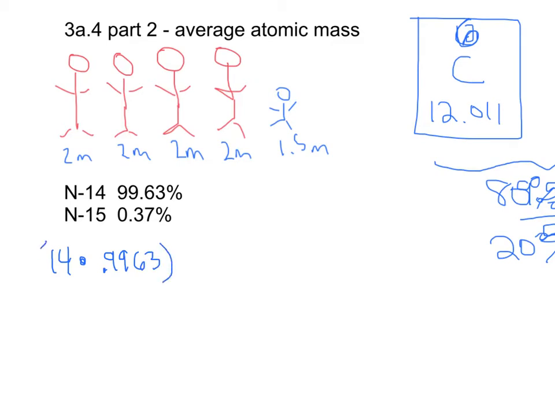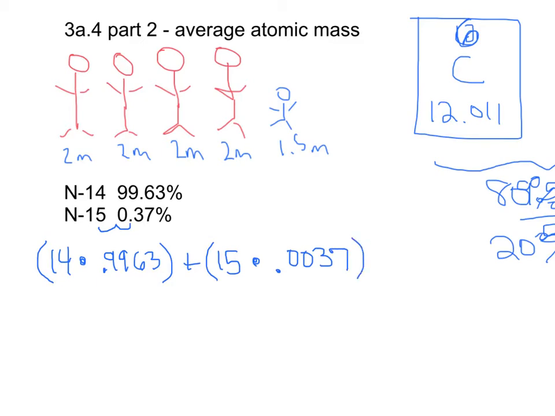I'm just going to put that in parentheses, and I'm going to add to it the second mass, the second isotope, 15, multiplied by its percent abundance. Now here's a little tricky one because it's less than 1%. It's 0.37, so we still need to shift that decimal 2 places to make it a decimal. So that's going to be 0.0037.